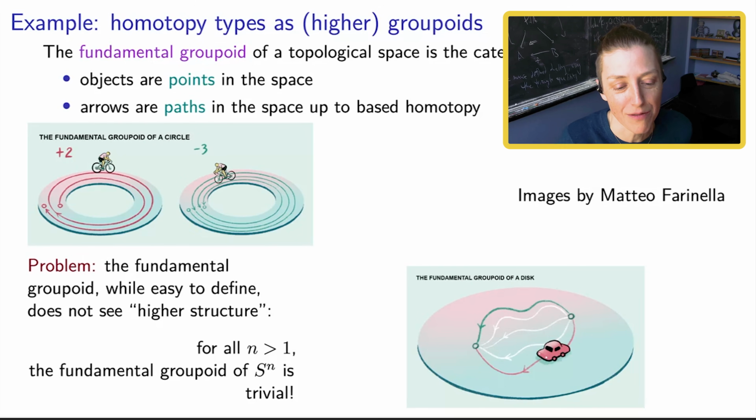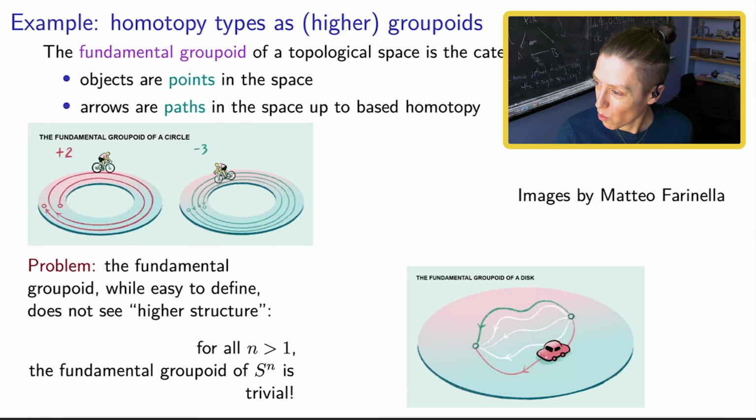And what that means is that the fundamental groupoid is trivial. So in particular, the fundamental groupoid of all the spheres above dimension 1 are trivial. So this is some categorical information captured in a topological space, but it only sees the low dimensional structure in the space. That's the problem with the fundamental groupoid.